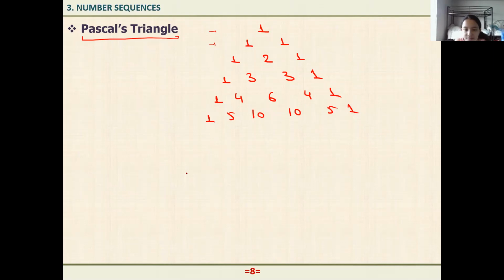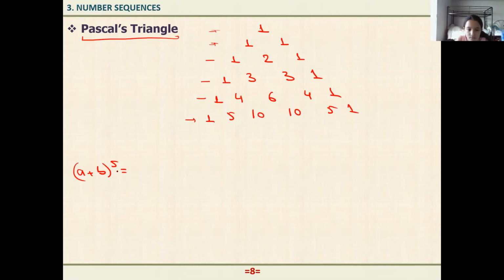Okay? So now, for example, maybe in the future we will see this in our next course. For example, if we just expand a plus b to the power 5, that means a plus b times a plus b, five times.